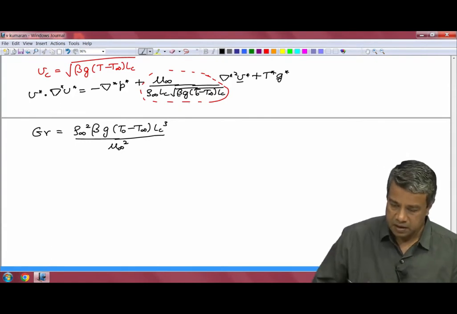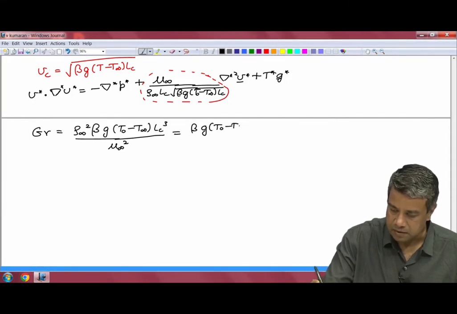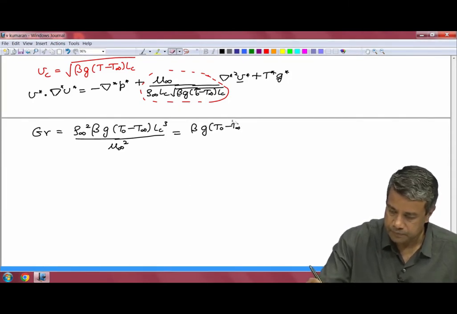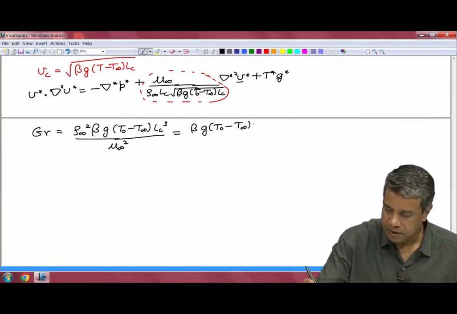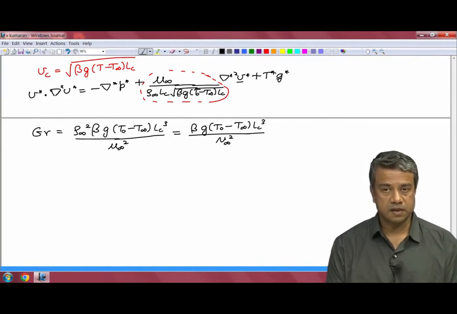I can also write this as beta g into T naught minus T infinity L c cubed by nu infinity square, where nu infinity is the kinematic viscosity based upon the temperature of the ambient fluid. So, that is the Grashof number.